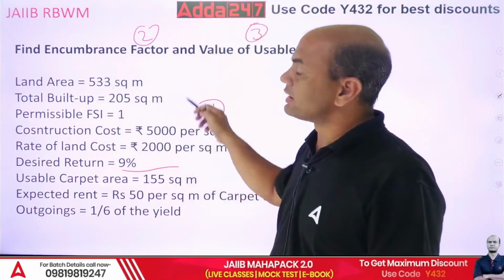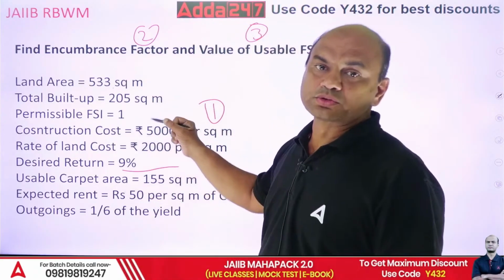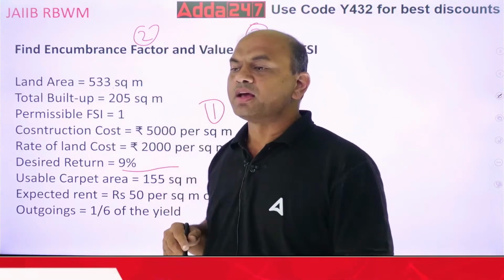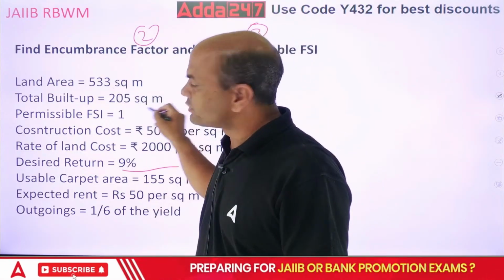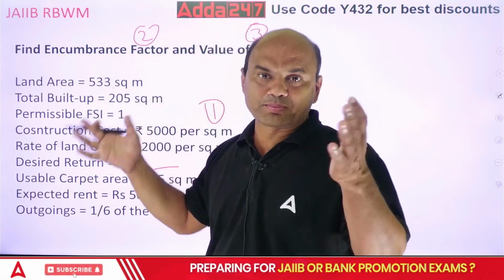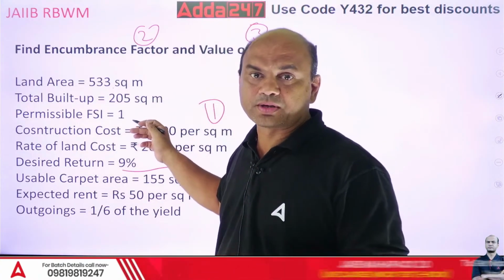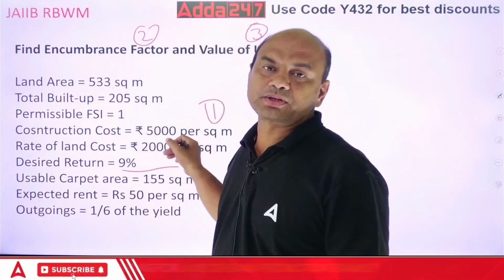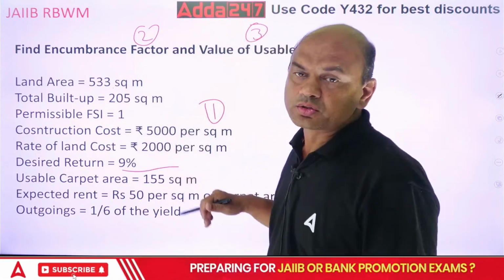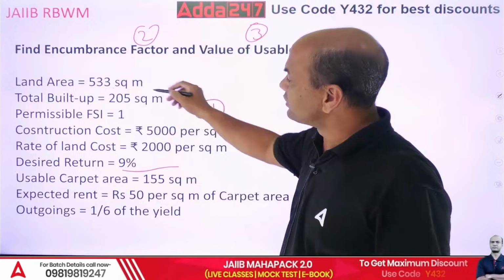And what is the built up area? Built up area is 205. What do you mean by this? See, I have built a house of 205 square meters on my land, and the cost is 5,000 per square meter. So multiply these. So my cost of construction is 5,000 into this.